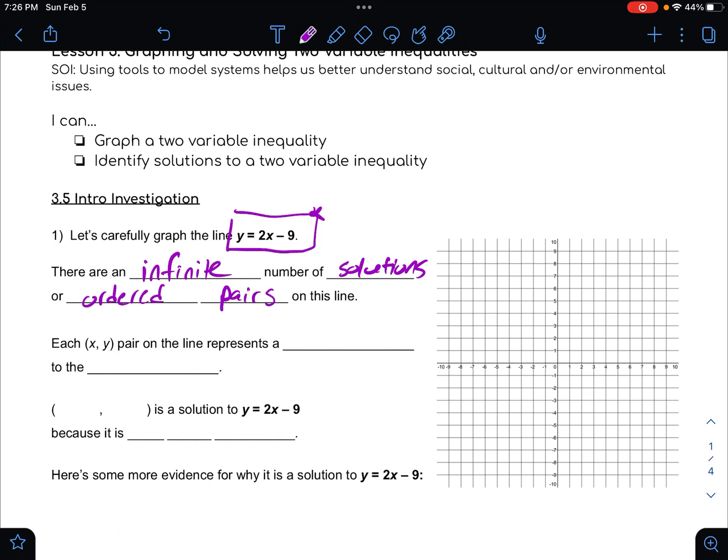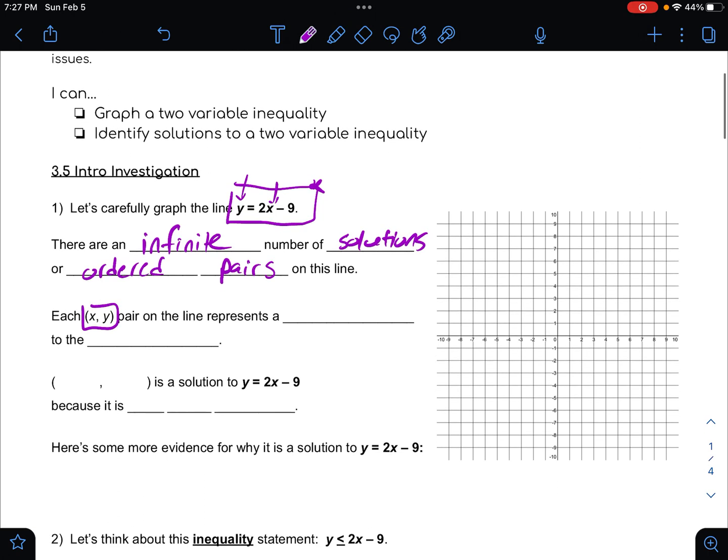All right, so what we mean by that is that there are an infinite amount of points that are on the line. And every one of those points, if we put the x value of the point in for x and the y value in for y, it will make a true statement. So each xy pair on the line represents a solution to the equation.